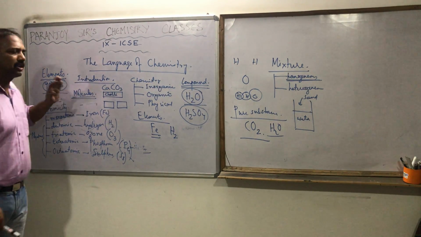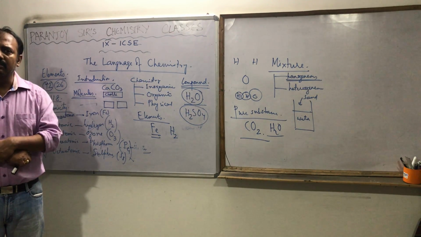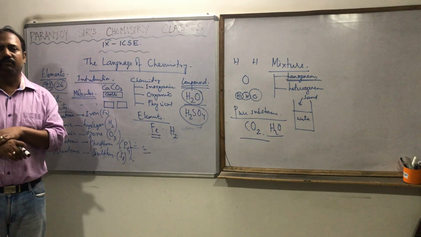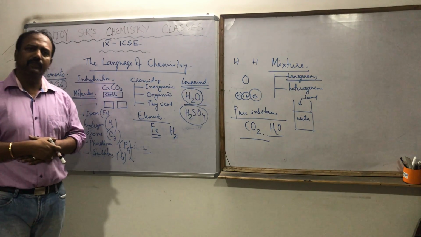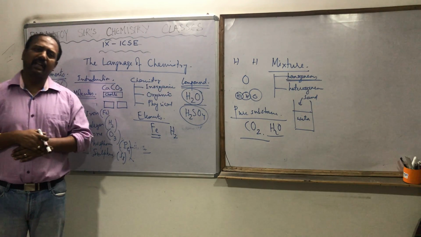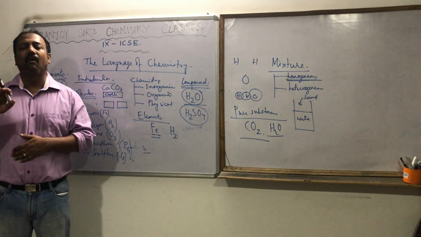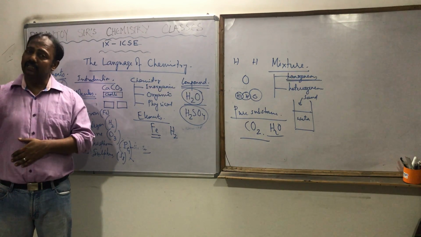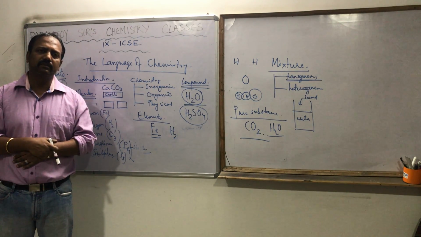First of all, molecules. A molecule is the smallest part of a substance where the properties of the substance remain intact. What is an atom? It's the smallest part of the substance where the properties may or may not remain intact, and these are the ones taking part in the reaction.